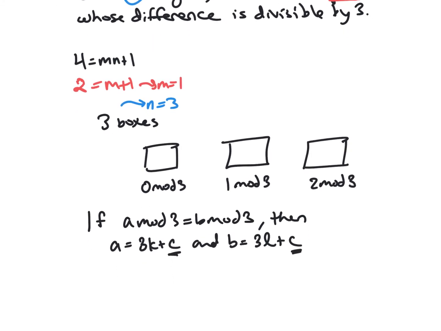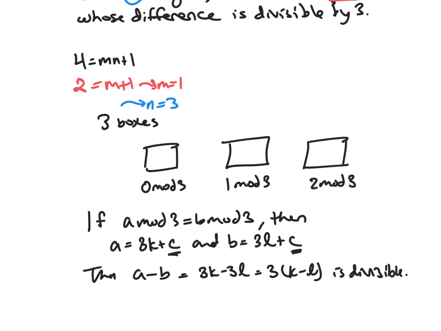And so if I look at A minus B, what do I get? Well, I'm going to get 3k minus 3l, or 3 times k minus l, because the c's cancel. And so this is divisible by 3. This means that if I can fit 2 inside one of these boxes where they have the same remainder, then their difference will be divisible by 3.